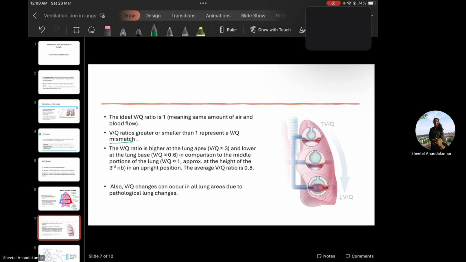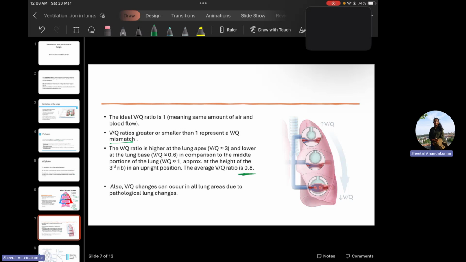And all this is considering that the person is in an upright position. When we take the average of these three zones, we get the average VQ ratio as 0.8.